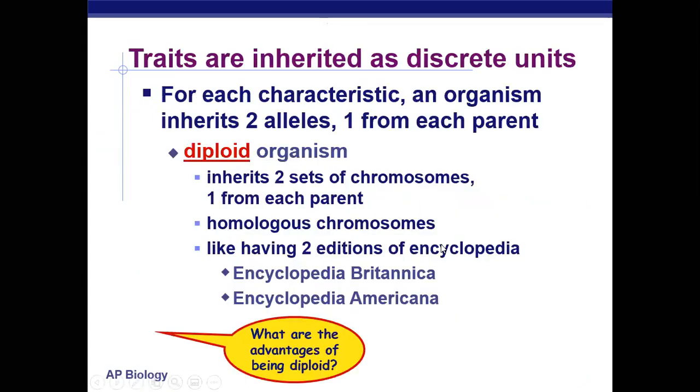So, as I just mentioned, we know that traits are inherited as discrete units. And for each characteristic, an organism gets 2 alleles, 1 from each parent. This is what a diploid organism is. You are a diploid organism. Every somatic cell in your body has 46 chromosomes.